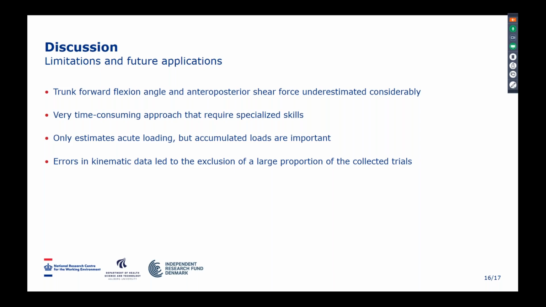Another one is that in this case, there seemed to be an excessive amount of palmar dorsiflexion of the wrist. And that did actually lead to some kind of unforeseen errors in the muscle wrapping of the wrist flexors. And this was quite a challenge to try to resolve. So it actually also led to the exclusion of all the one-handed lifts that we analyzed.